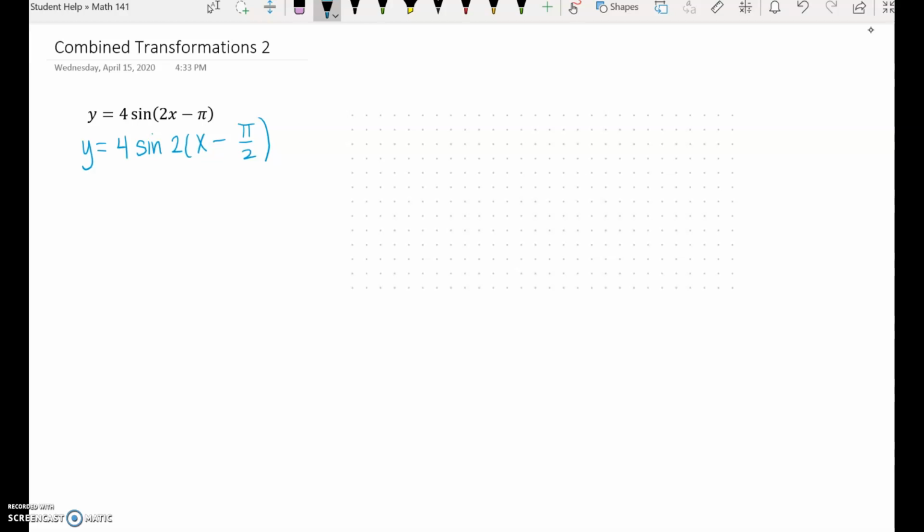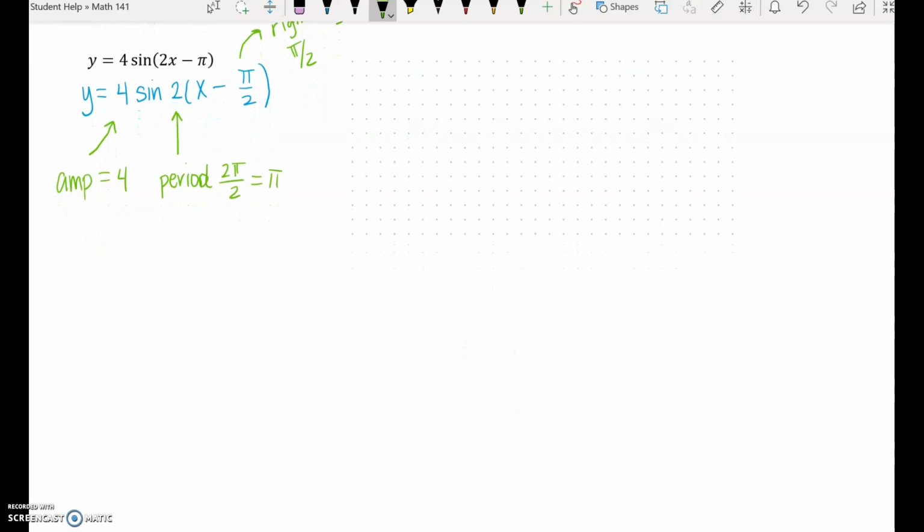So we're going to have the amplitude of this graph is going to be 4. The period is going to shift to be 2 pi over 2, or pi. And then we're going to shift to the right by pi over 2. Okay.